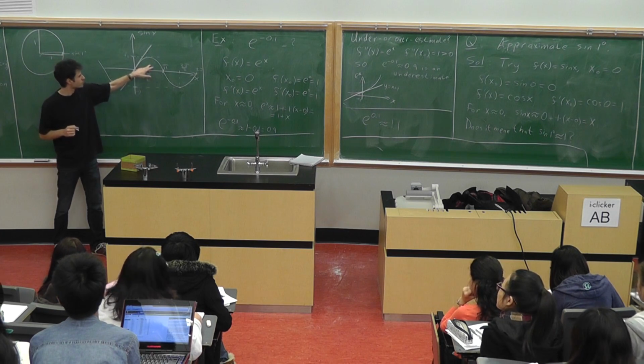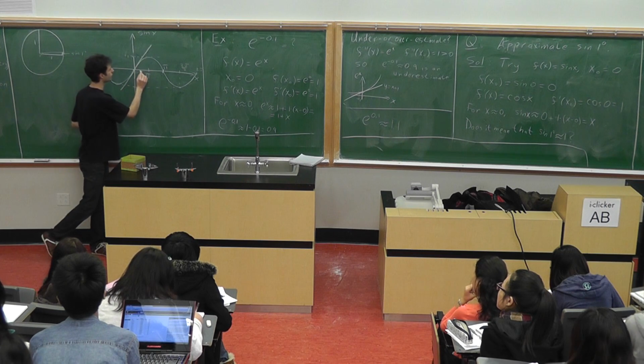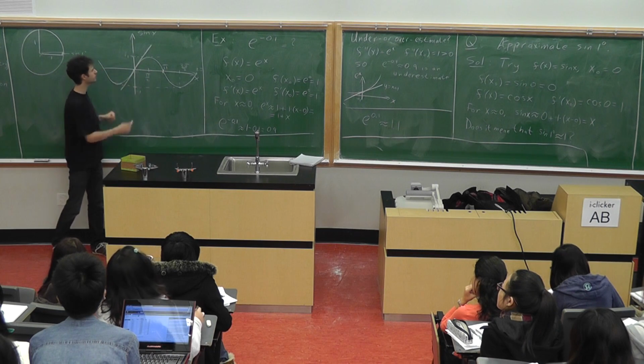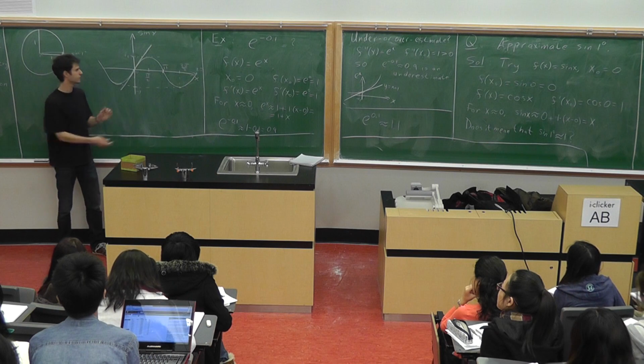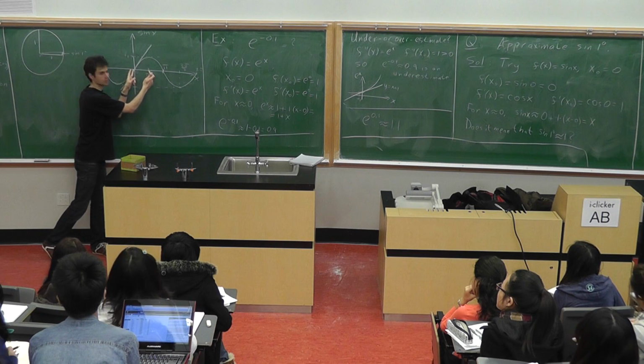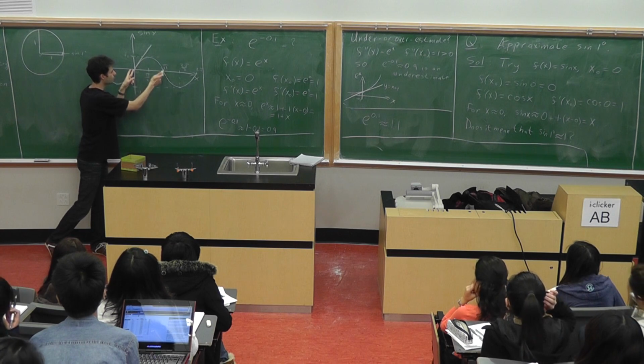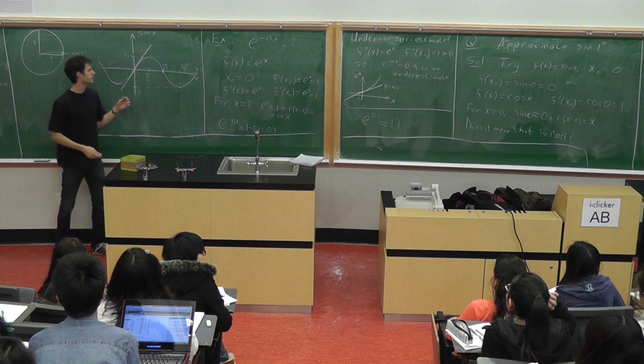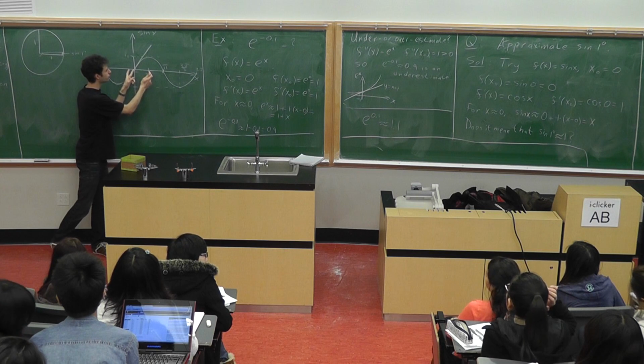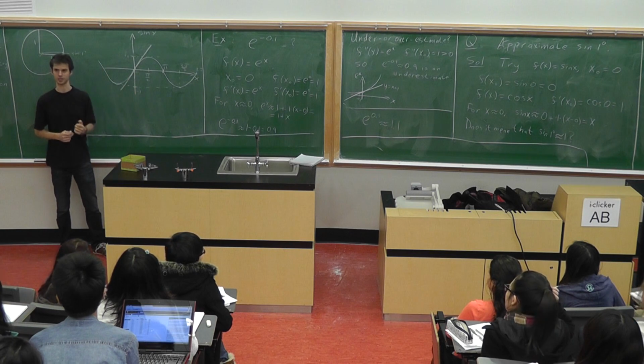The sine of 1 degree is not the sine of 1. 1 is here, but 1 degree is much smaller. This is already 90 degrees. This is 180 degrees. 1 degree is 1/90th part of this interval. It's really tiny here.